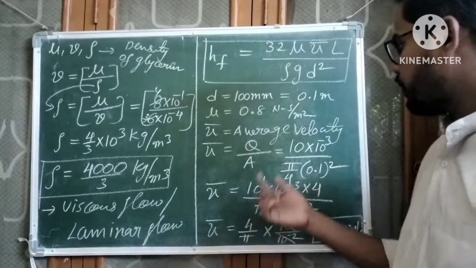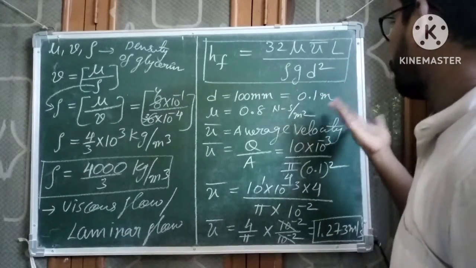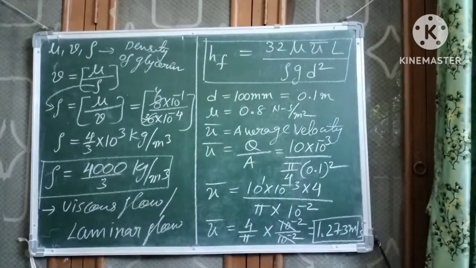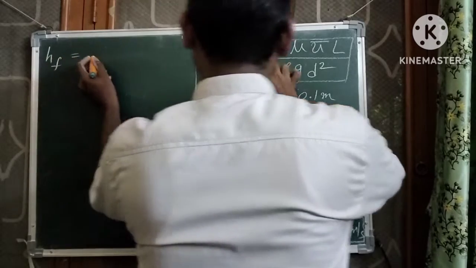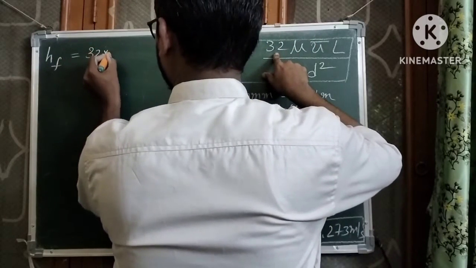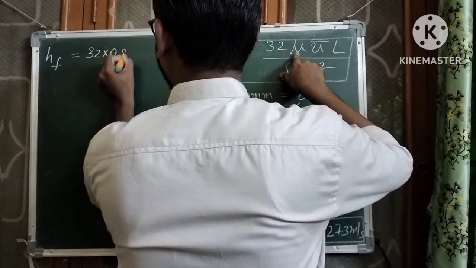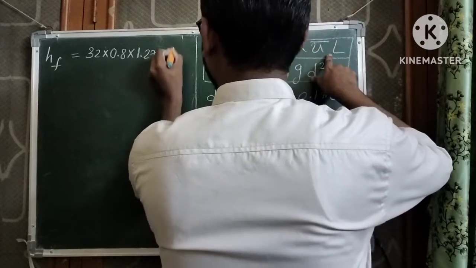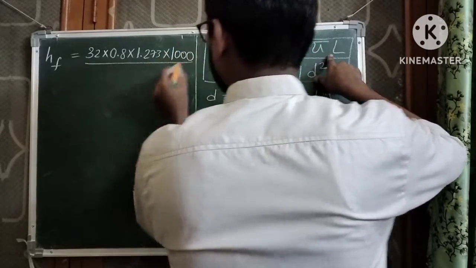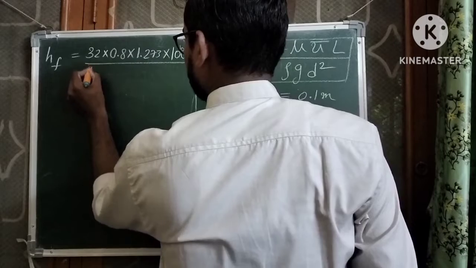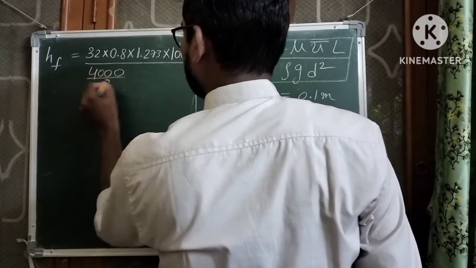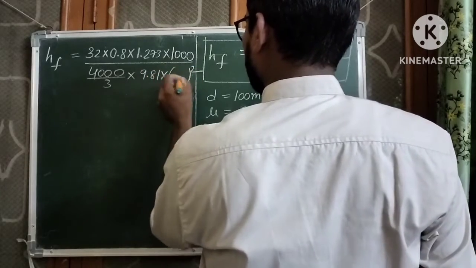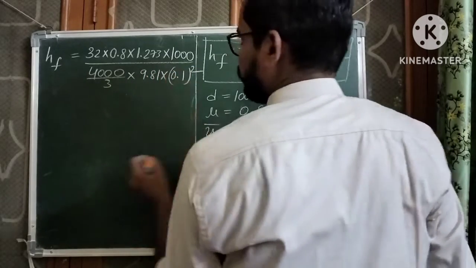Now we have average velocity and all the remaining things already. So substitute all the values, you will get head loss due to friction. HF is equal to 32 into dynamic viscosity 0.8, average velocity 1.273, L 1000 meters, 1 kilometer, by density of glycerin 4000 by 3 into acceleration due to gravity 9.81, into d square, d value 0.1 whole square.